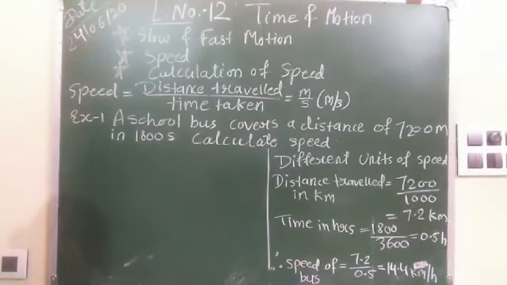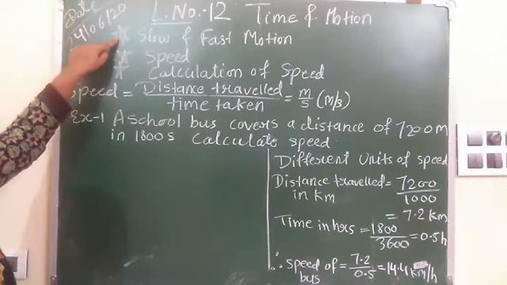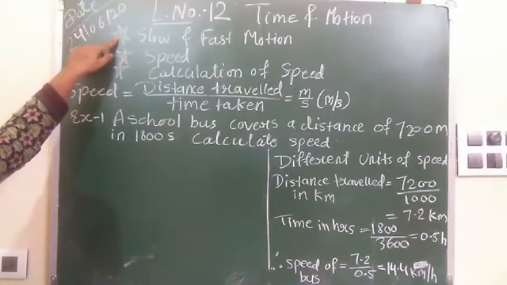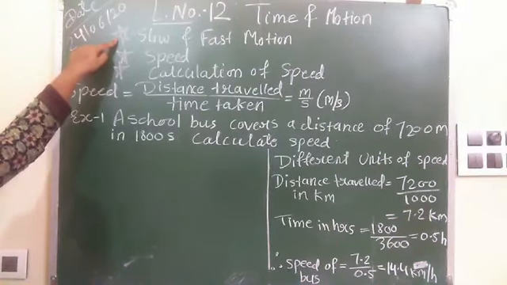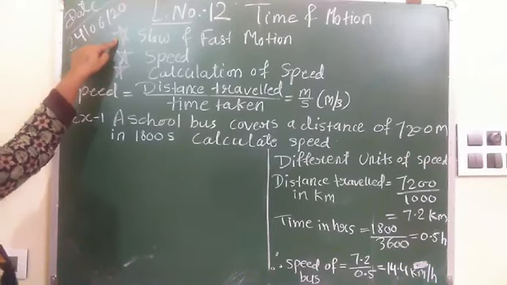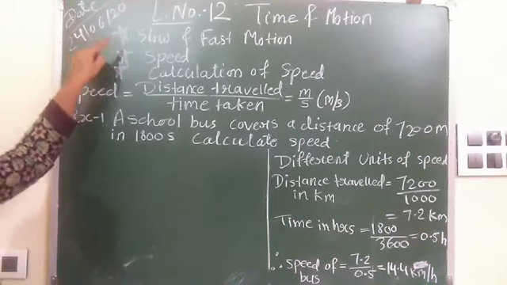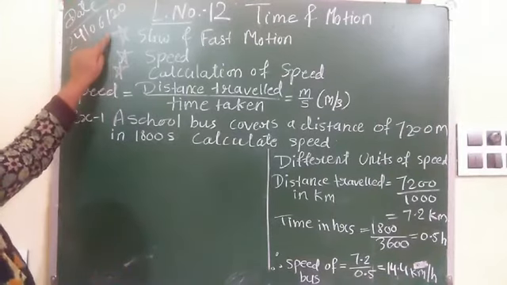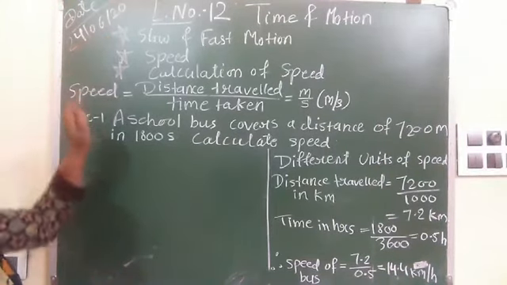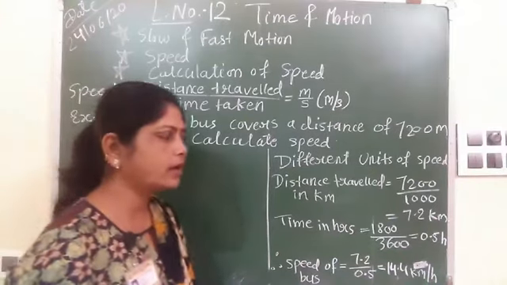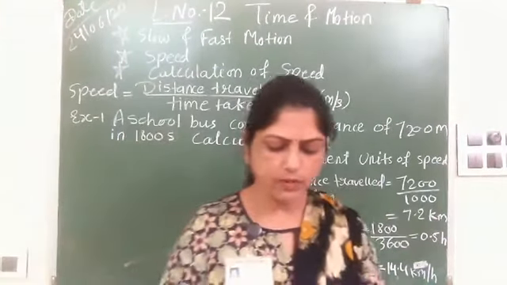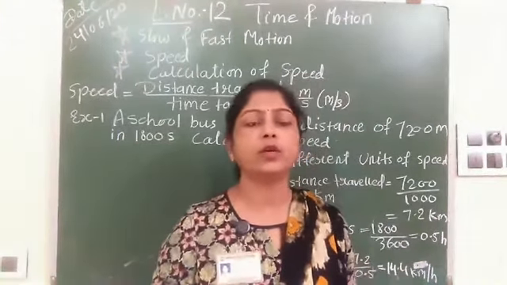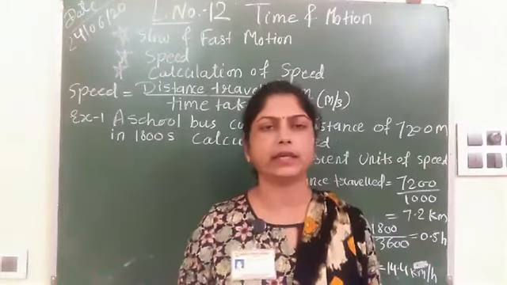So, slow and fast motion are the types of motion which are found by comparing two objects, and motion of the body is slow when it takes more time to cover a distance which is covered in less time by another object in motion. So it can be found out by observing or by calculating speed mathematically.